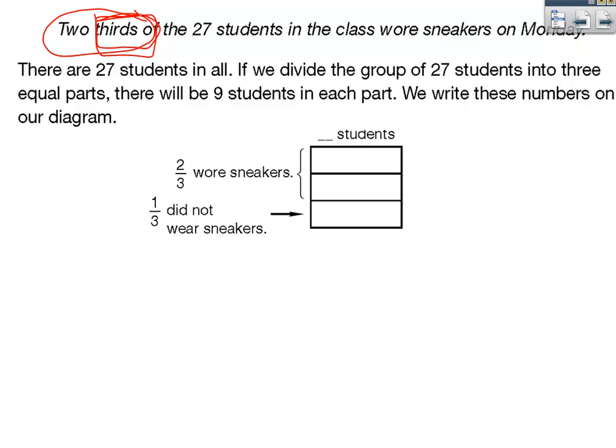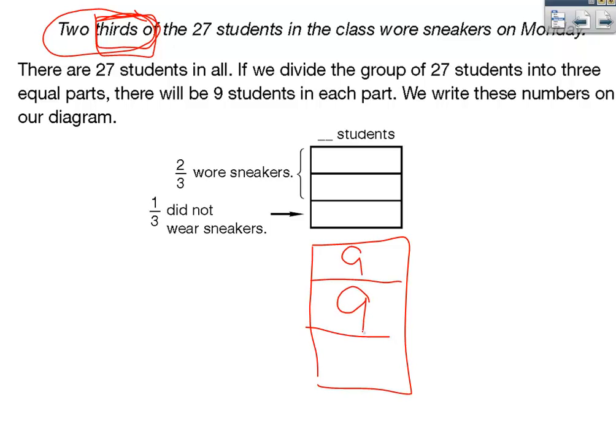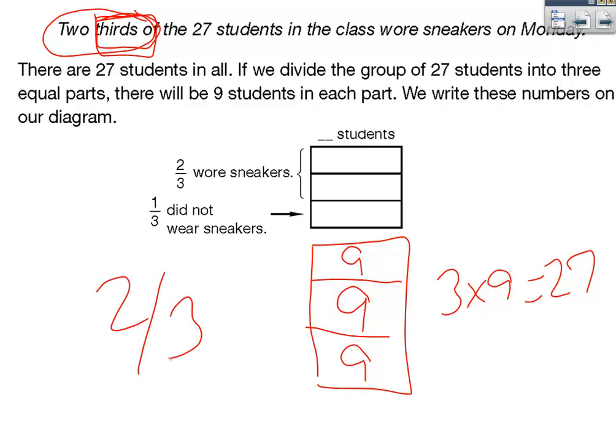So when we see 2/3, we can automatically draw just like what they have here, and then we're going to put in 9 in each one of these, because 3 times 9 equals 27, and we have 27 students, and 2/3 is what they're asking about, and 1/3.